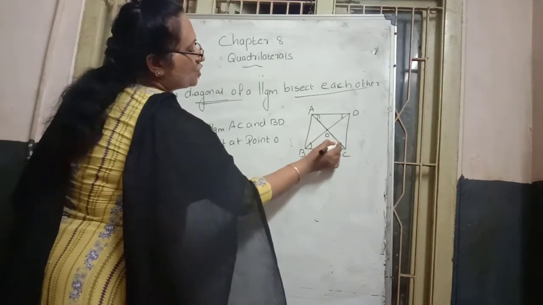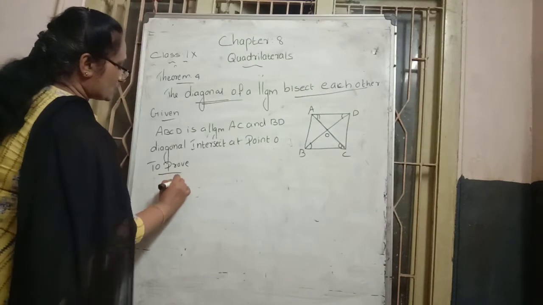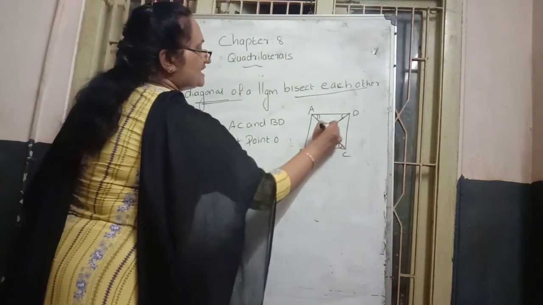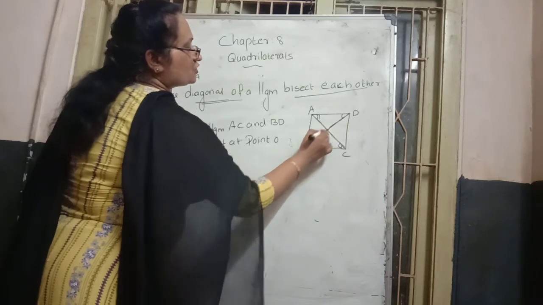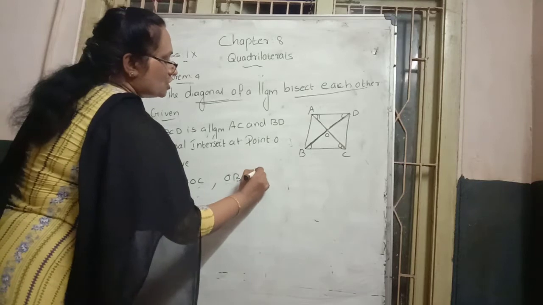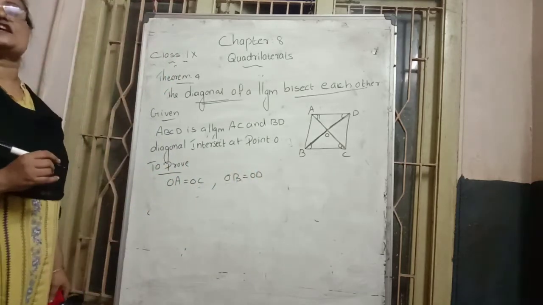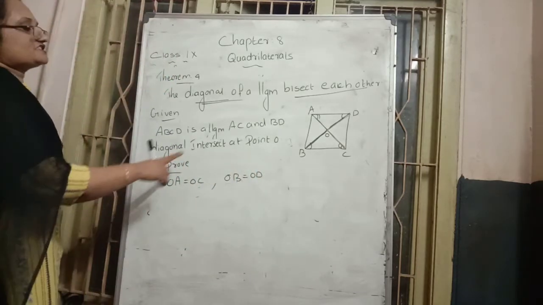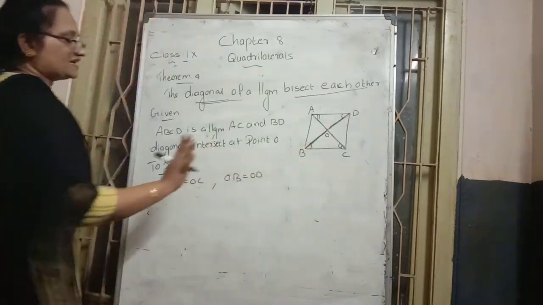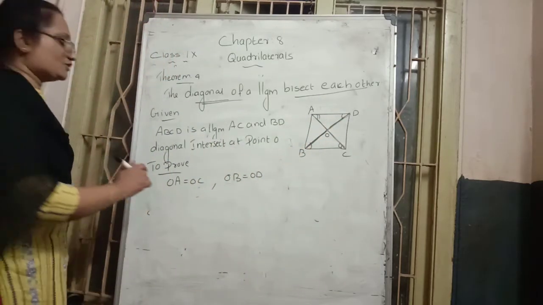We get AO equal to OC. Next, BD line bisects, meaning it divides into two equal parts: OB is equal to OD. Diagonals bisect each other. We want to prove OA and OC are equal, and OD and OB are equal.